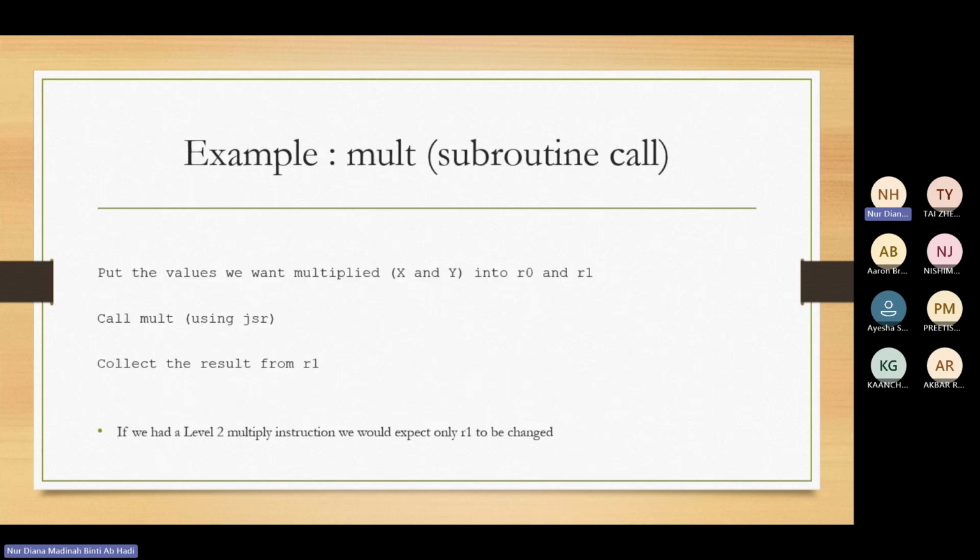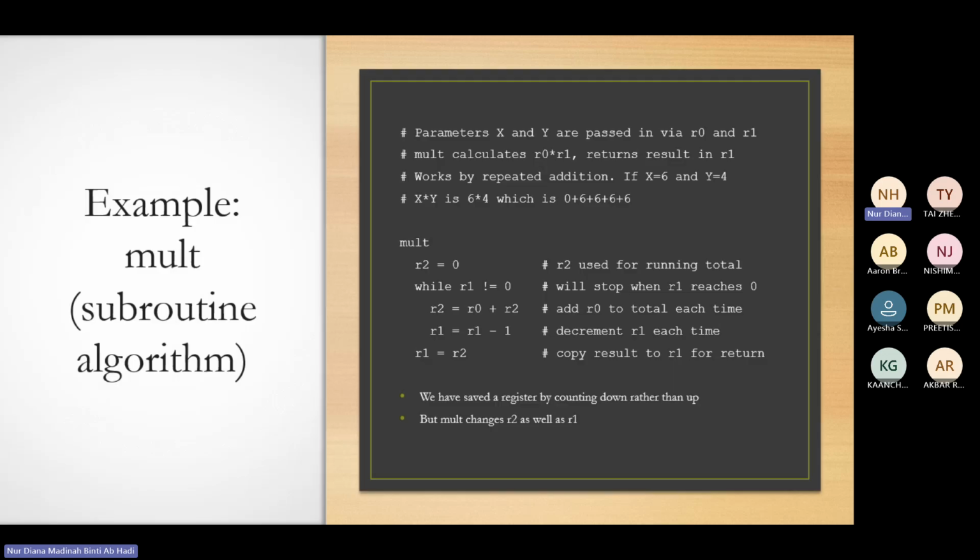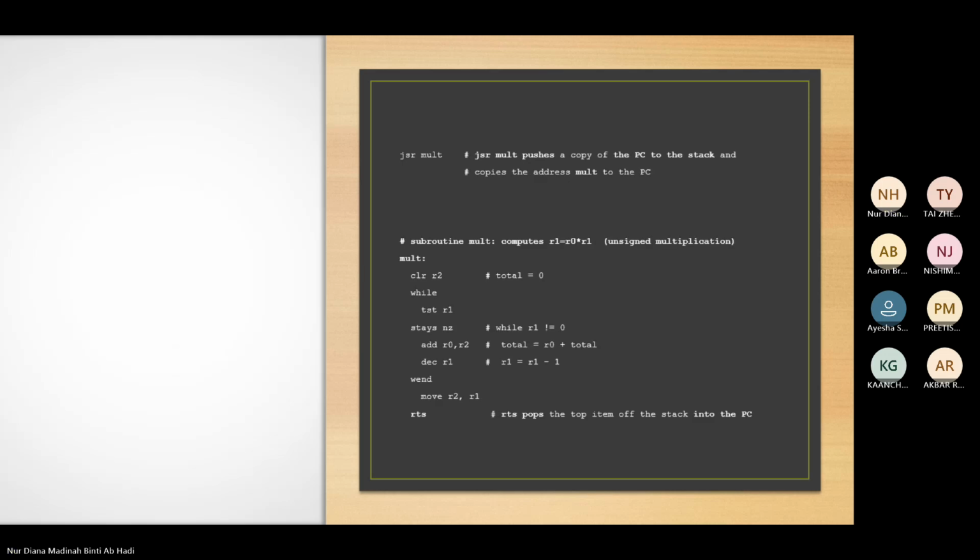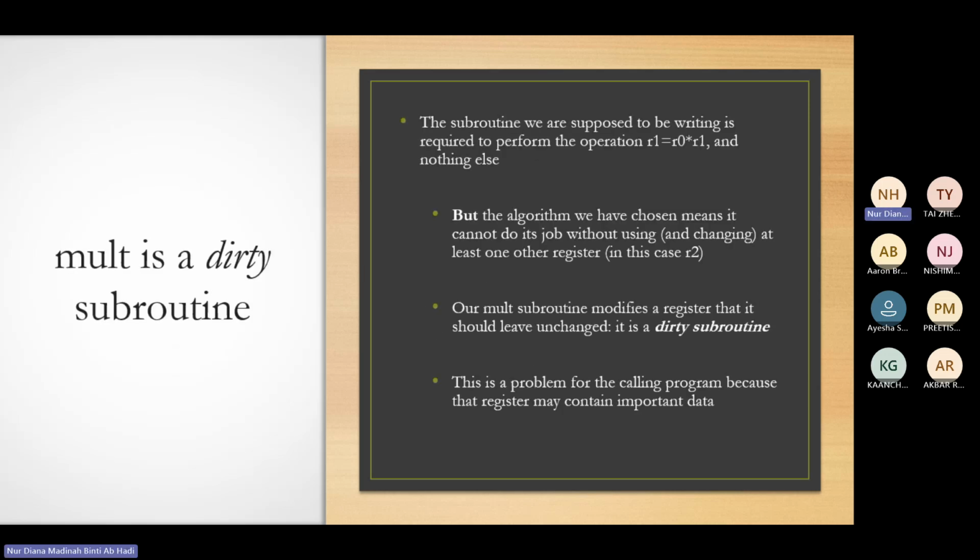Okay, so this is the example of when you use the multiply subroutine call. If we have a level 2 multiply instruction, we should expect only R1 to be changed. So this is an example of a subroutine algorithm, and this is the code. Multiply is a dirty subroutine. The subroutine we are supposed to write is to perform the operation R1 = R0 times R1 and nothing else.